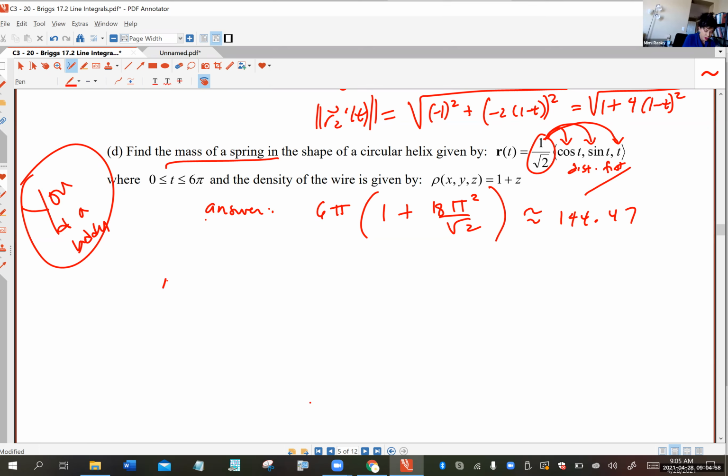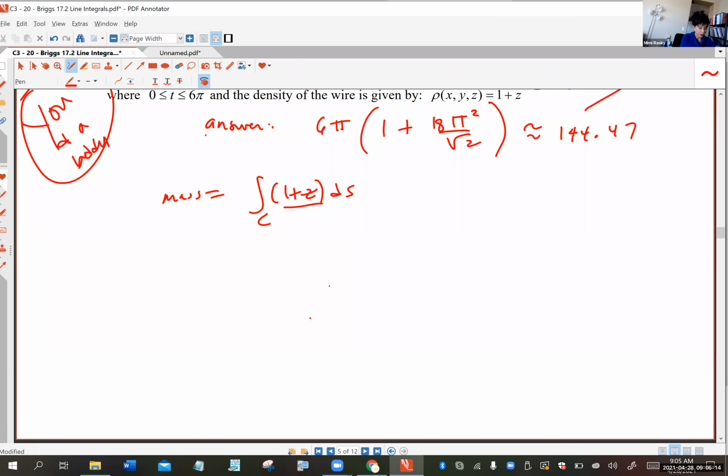So if you did it right, you basically said the mass of this wire can be found by evaluating a line integral, where you put the density function 1 plus z in the integral. But then how do you convert this to a regular integral, where the arc length element ds, remember, it's not dx, is the magnitude of the velocity vector dt?